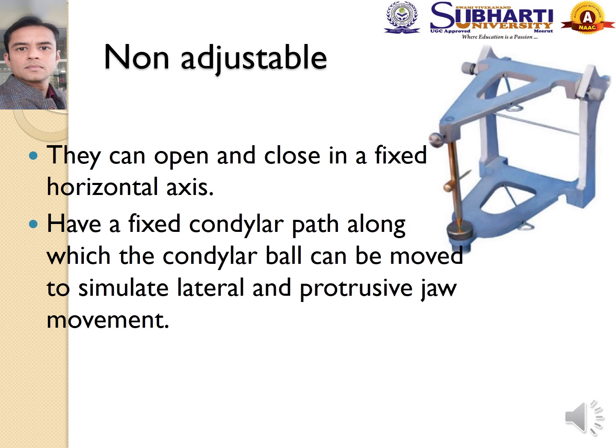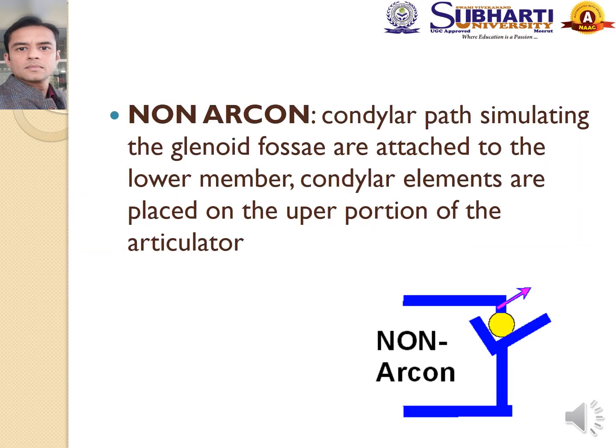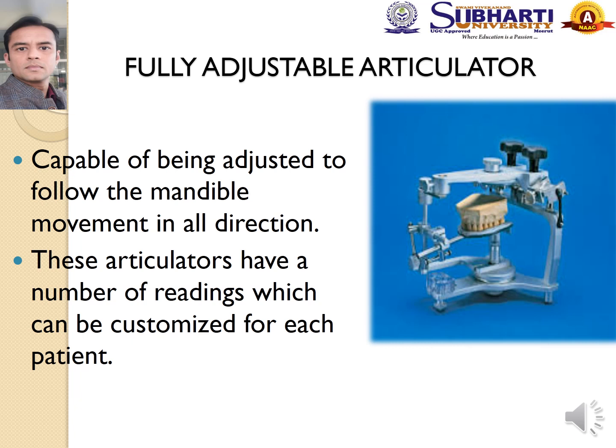That's why it is a non-adjustable articulator, accepting the facebow transfer, that is the orientation jaw relation can be reproduced in semi-adjustable articulators. Coming over to the fully adjustable articulators.